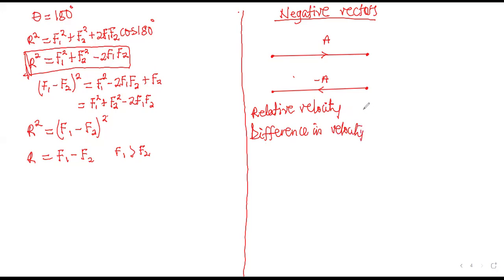If we have a body moving with a velocity A and another body with a velocity B, and we want to compare the velocity of the body A to the velocity of the body B, that is when we talk about relative velocity.